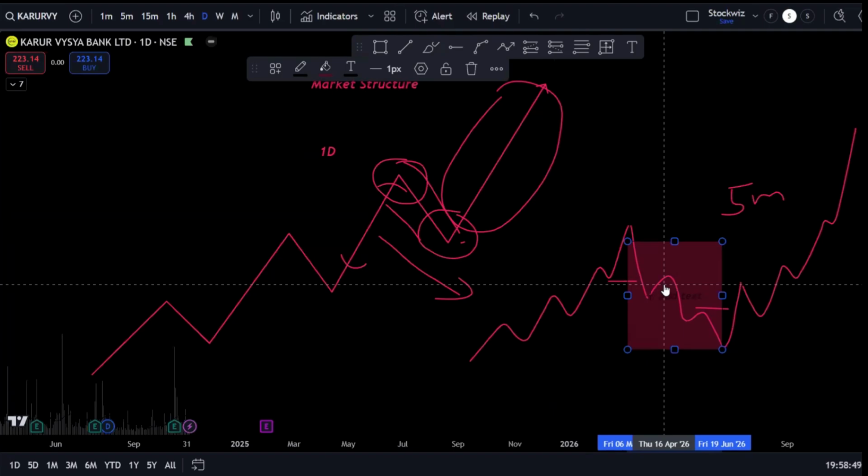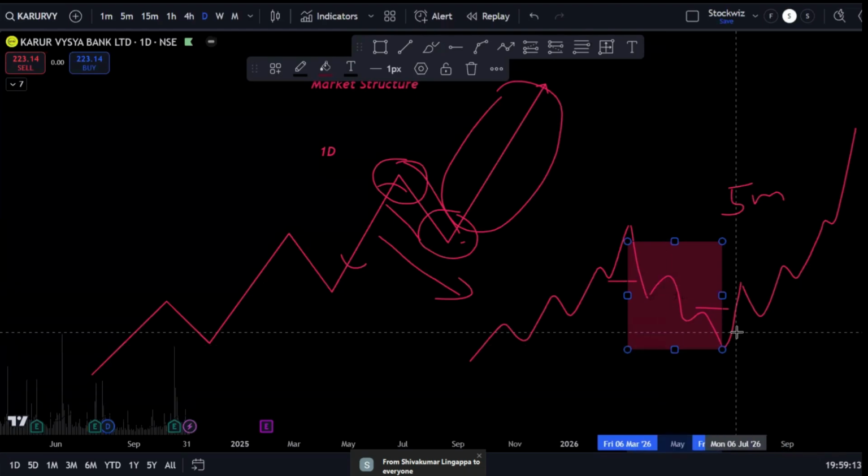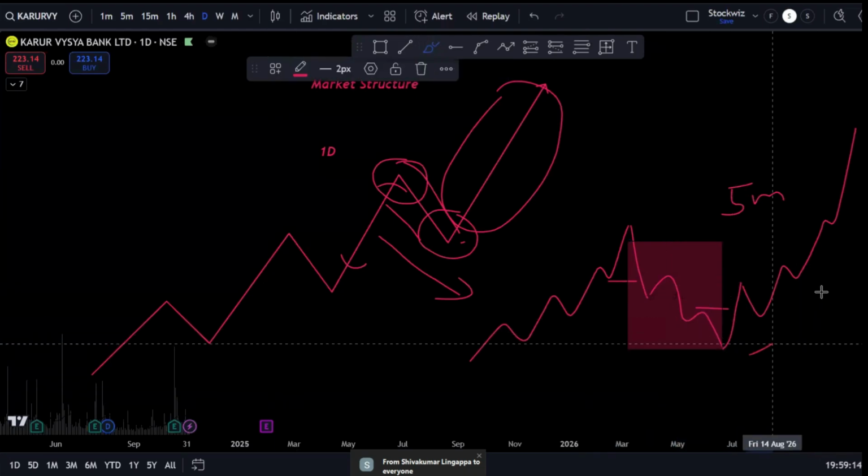Bias means on a higher time frame, I know that the market structure is bullish, it's pulling back. So will it make sense for me to take a short trade on a 5-minute time frame based on that? Or if I take a long on a 5-minute time frame, my chances of getting a big win are higher when the price again starts trending in the upward direction, something like this.